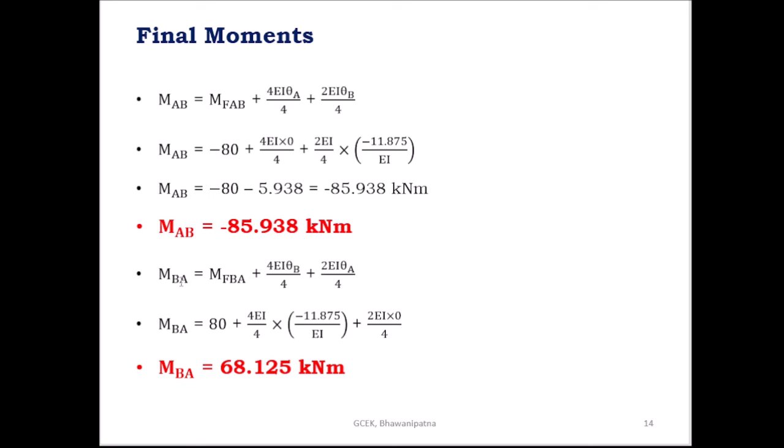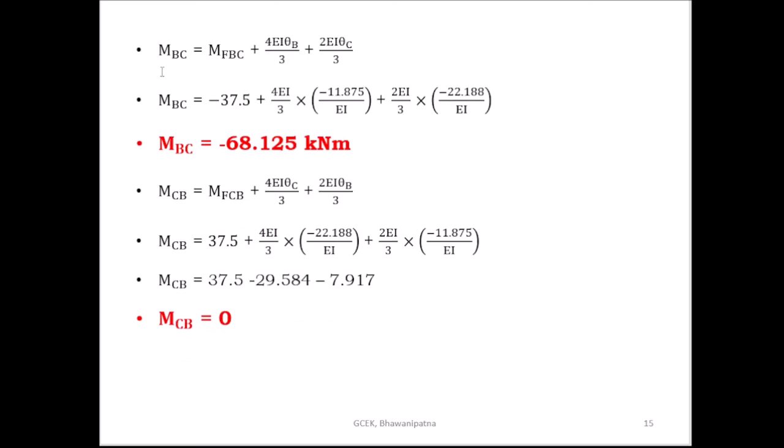Then find out MBA. MBA is equal to MFBA plus 4EI theta B by 4 plus 2EI theta A by 4. Put the values of theta B and theta A in this expression. So MBA is equal to 68.125 kilonewton meter. Then find out MBC. MBC is equal to MFBC plus 4EI theta B by 3 plus 2EI theta C by 3.